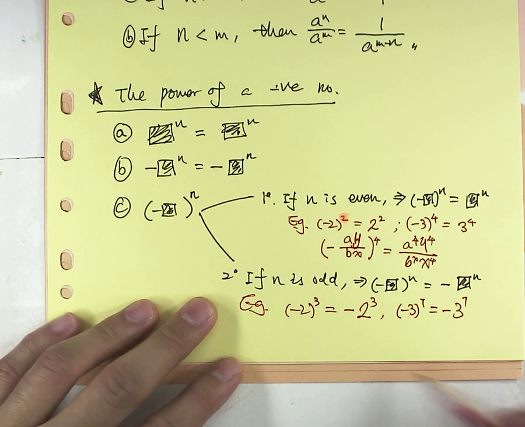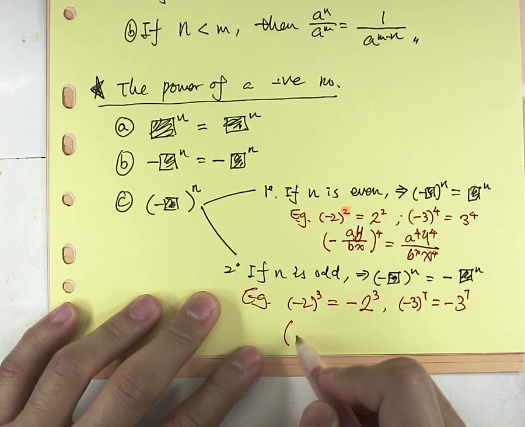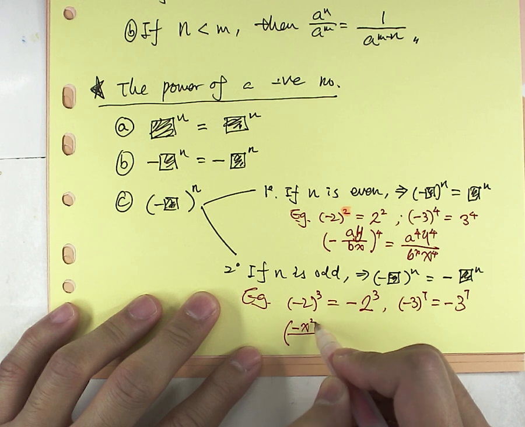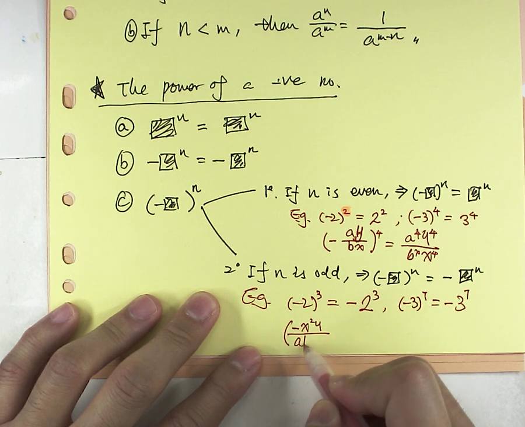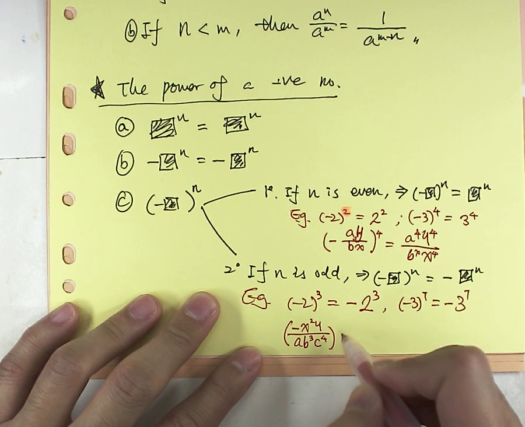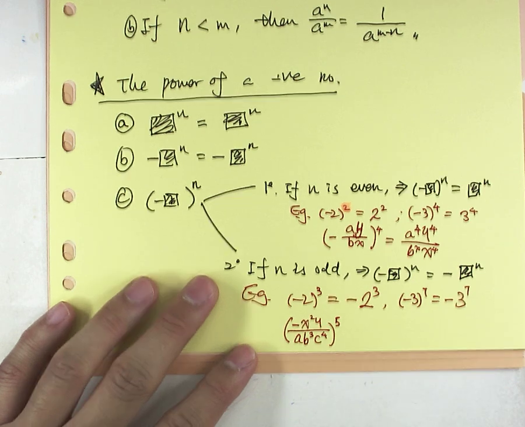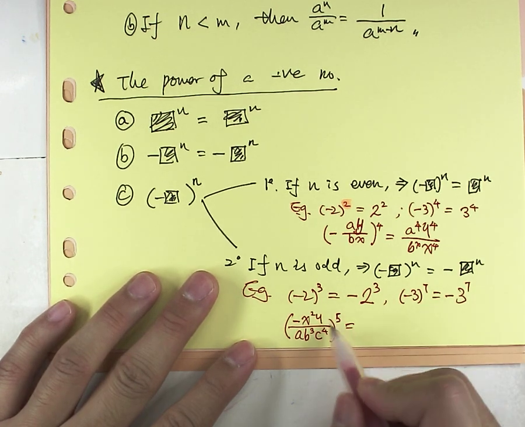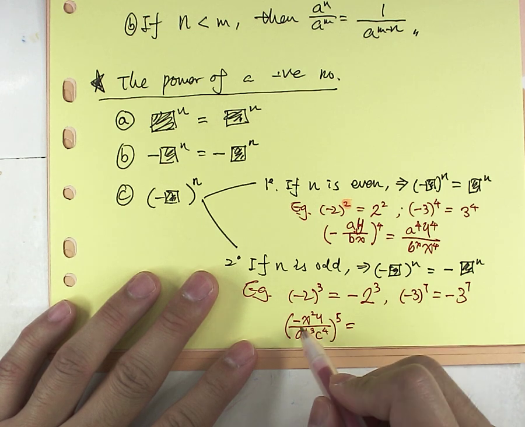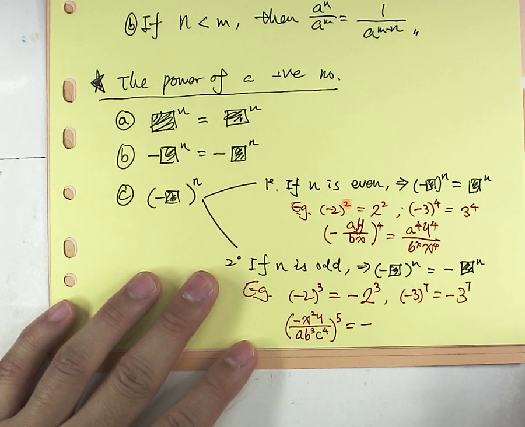Understand? So keep going. For example, you give a minus something, x squared y, and then a b to the power 3, c to the power 4, and then you have a 5 here. Okay. So because this 5 is an odd number, keep this minus.